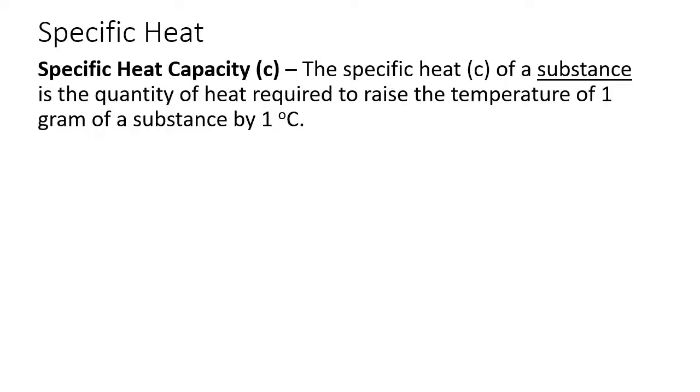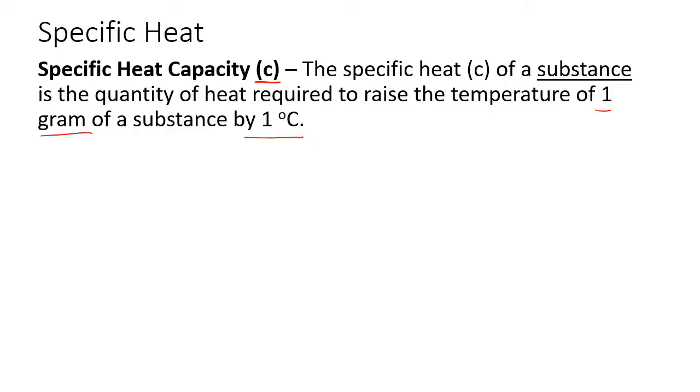Specific heat capacity, or specific heat for short, uses the symbol lowercase c. The specific heat of a substance is the quantity of heat required to raise the temperature of 1 gram of the substance by 1 degree Celsius. Notice this time it says nothing about an object.